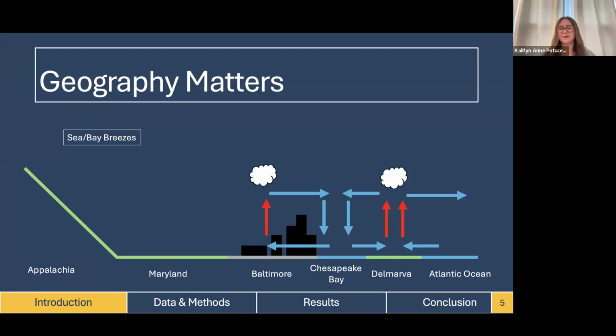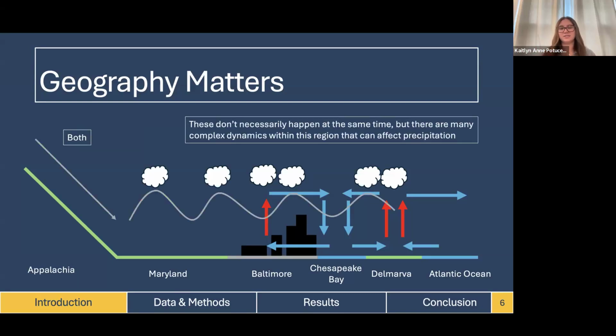Something that we're probably a little more familiar with are sea and bay breezes, which are small scale circulations that develop between differences in surface heat from the Chesapeake Bay or the Atlantic Ocean, which might be cooler, to land in the summertime, which is probably warmer, at least during the day. These circulations can also intensify and generate rainfall.